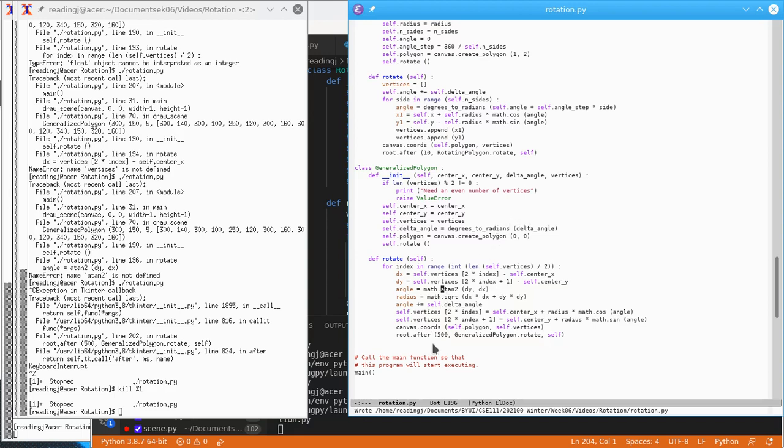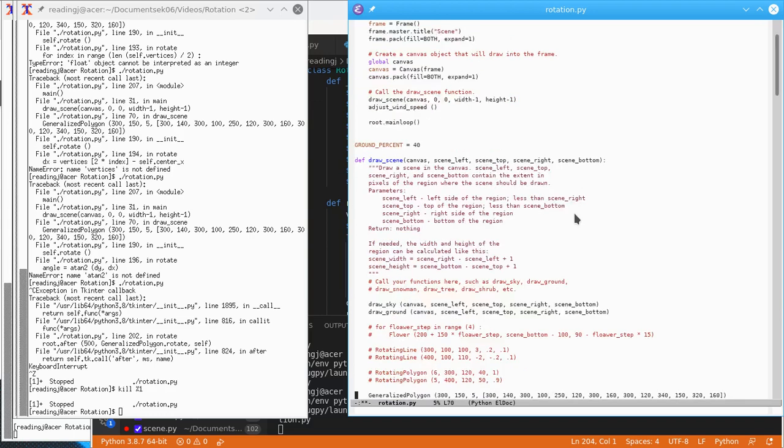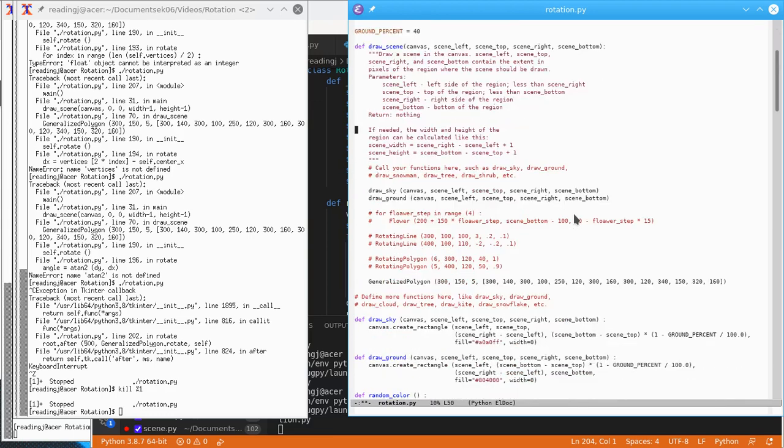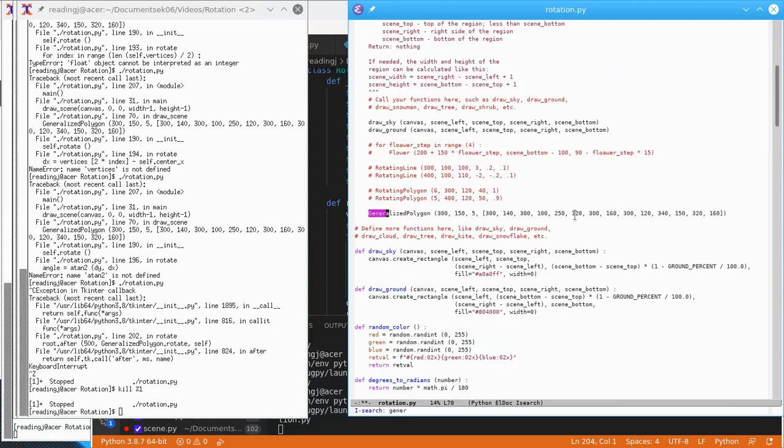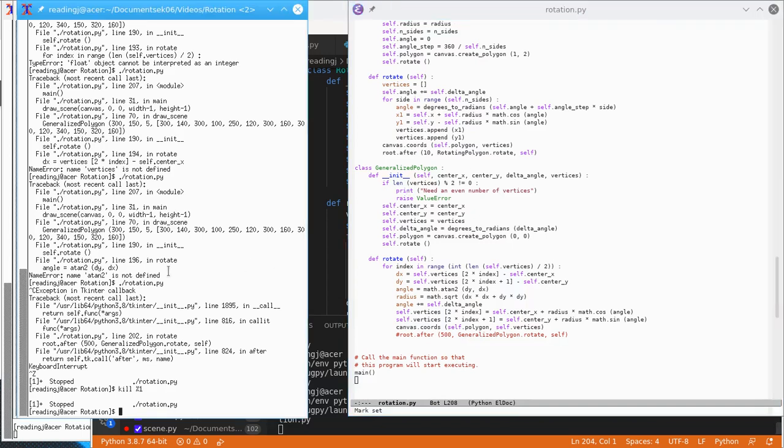So let's start off with, let's see what I'm actually drawing, okay? And let's do generalized polygon, and let's make its delta angle be 0. So it's only going to draw once.